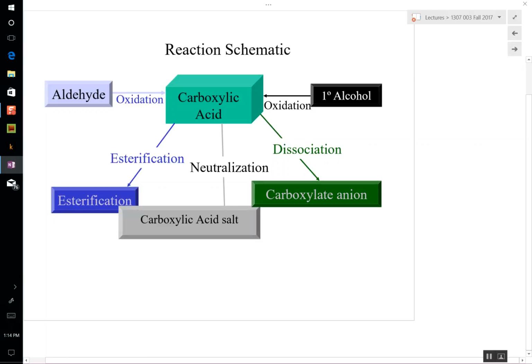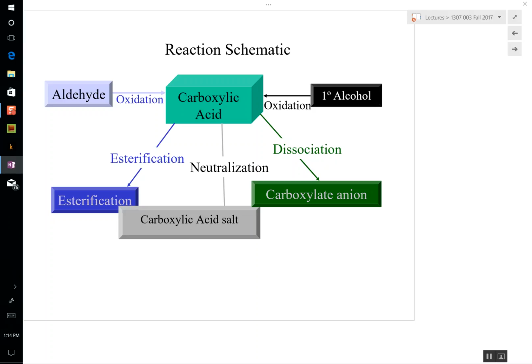Okay, this gets us to the reaction summary for chapter 14. There's three slides here that are saying basically the same thing in three different formats. How do you make a carboxylic acid? Oxidize an aldehyde, oxidize a primary alcohol. What do carboxylic acids do? Dissociation.